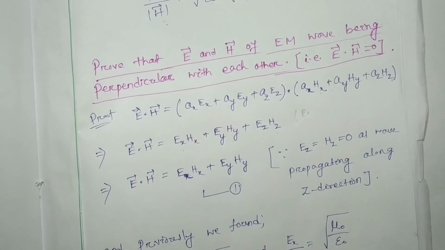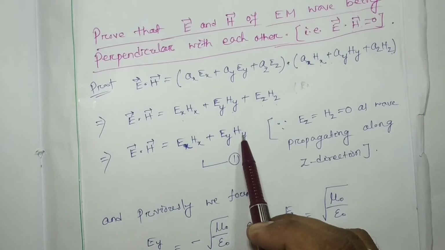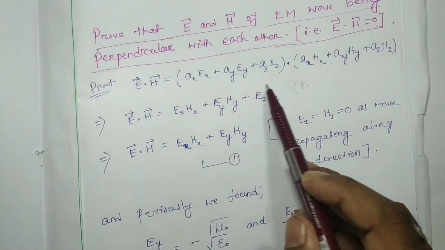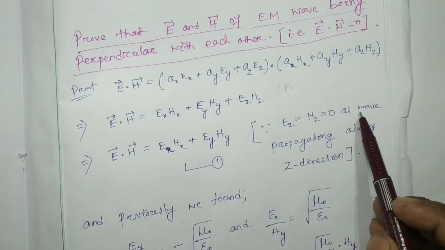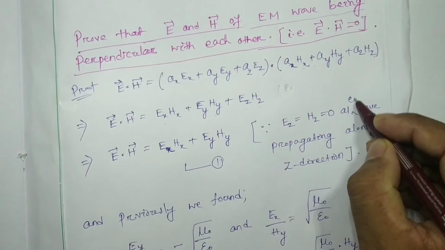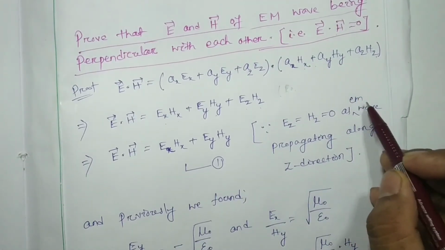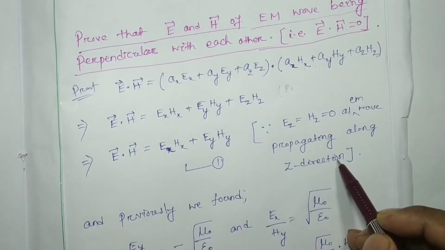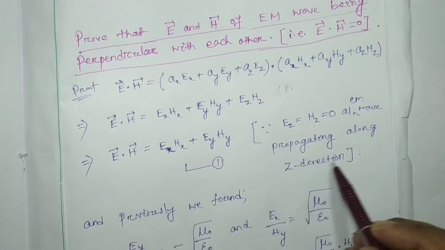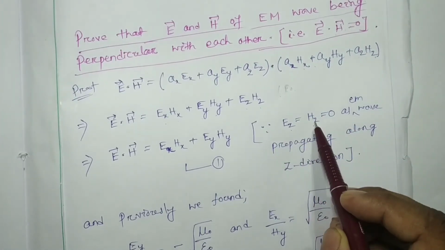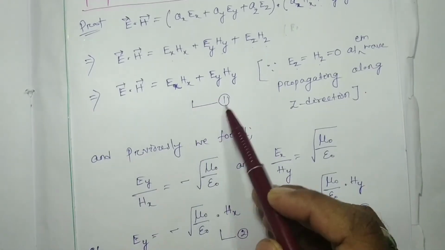So Ex Hx plus Ey Hy plus Ez Hz, where the Ez Hz term is 0, because in this case we have considered the EM wave propagating along the z direction. When the electromagnetic wave propagates along the z direction, we do not find Ez and Hz components along the z direction. So Ez equals Hz equals 0. Let this be equation number 1.